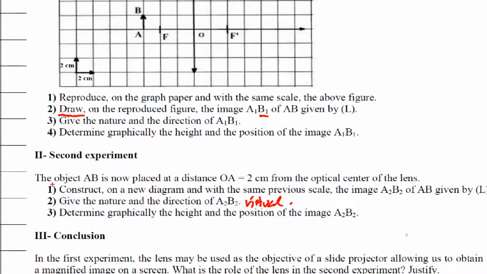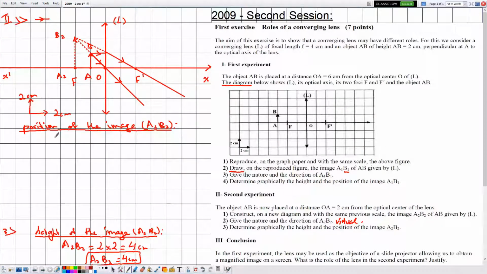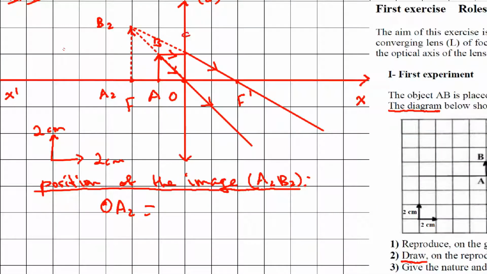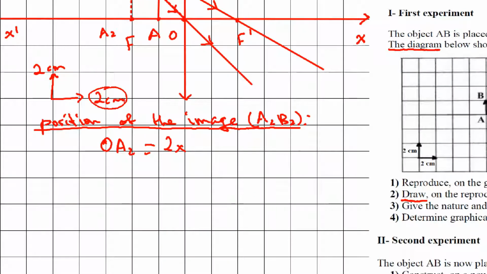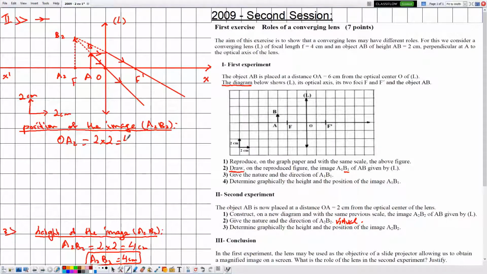Because the distance between the object and the lens is denoted by OA, then the distance between the lens and the image will be denoted by OA2. And this distance, which is between L and A2B2, consists of 2 divisions. And we multiply by the scale along which you have counted the number of divisions, which is the scale along the x-axis. This will give us 4. Since the scale is in centimeters, then the value of OA2 will be in centimeters. Then OA2 is equal to 4 centimeters.